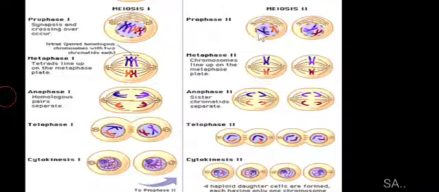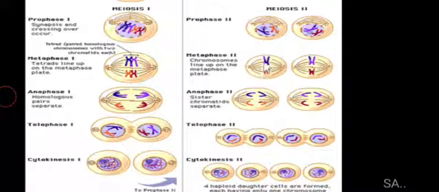So after prophase 2, this cell will enter metaphase 2, in which these spindle fibers will arrange these chromosomes in the center at the equatorial plate. Here you can see. After this, once the chromosomes have aligned in the center, these cells will enter anaphase 2, in which what will happen?